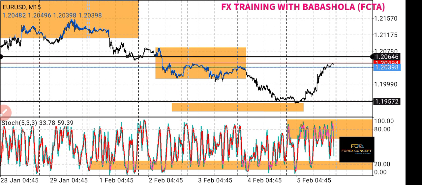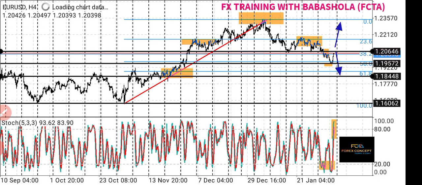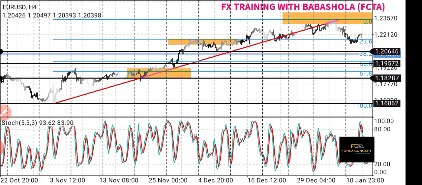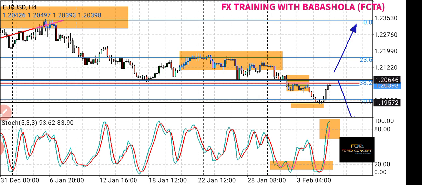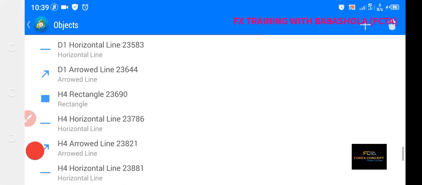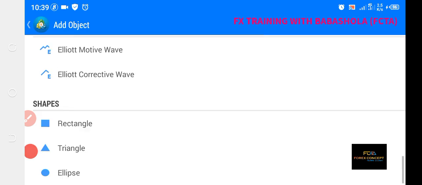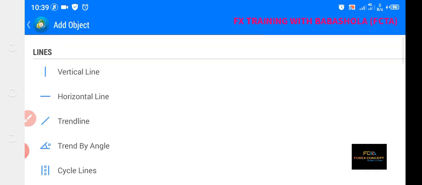However, note something too on the H4. Something very significant happened on the H4, because a descending channel was forming, but there was a break of the structure on the H4. Let me show you this. The trend line. This trade is very tricky.